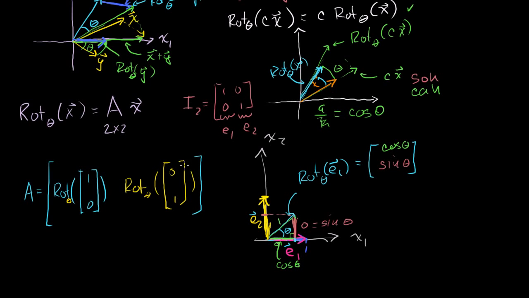Now what about E2? Well, we could do something very similar there. E2 is going to end up looking like this when you rotate it by an angle of theta. It's going to look like that. That angle right there is theta. We can create a little right triangle right there. And so if we want to know its x-coordinate, so now we're concerned with the rotation through an angle of theta of E2.